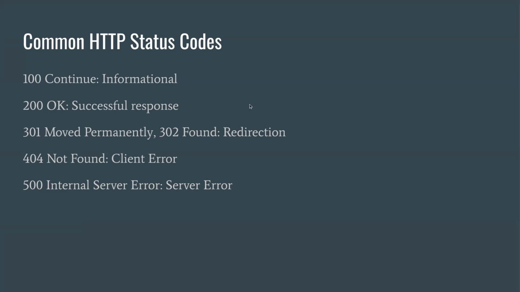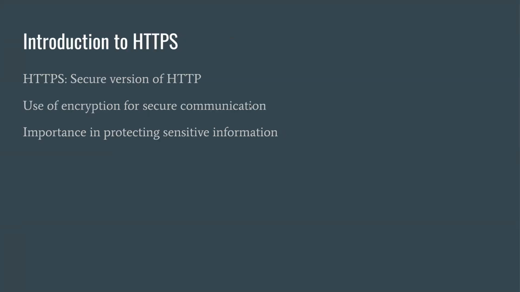So far we talked about HTTP. Now let me talk about HTTPS. So there's an S in the end. When security is a concern, HTTPS comes into play. It's basically the secure version of HTTP.